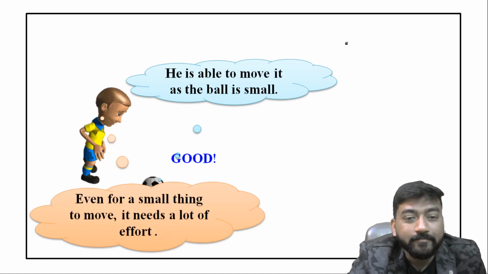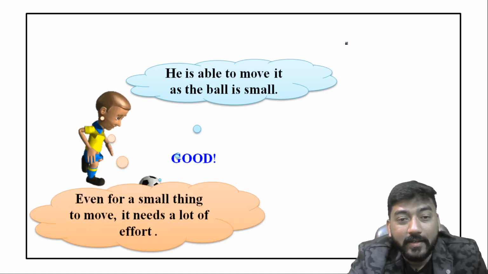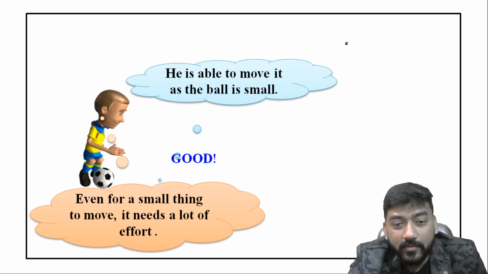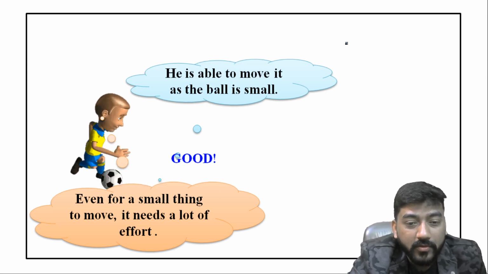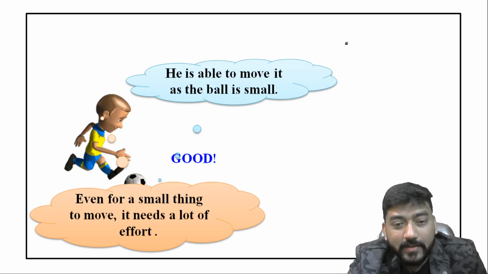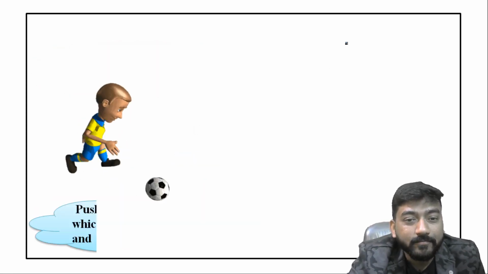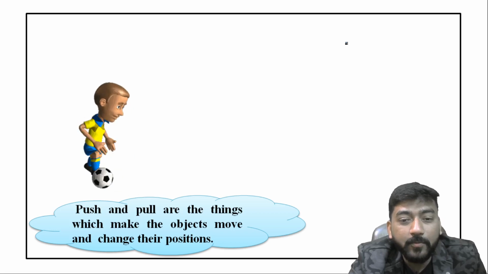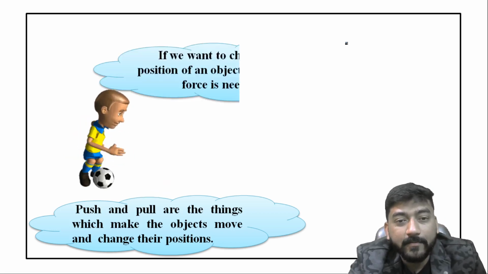Even though the ball is very small, you can see how much effort the person has to make to move it. So laziness is a factor that needs force to move. Push and pull are the things which make objects move and change their position, obviously.